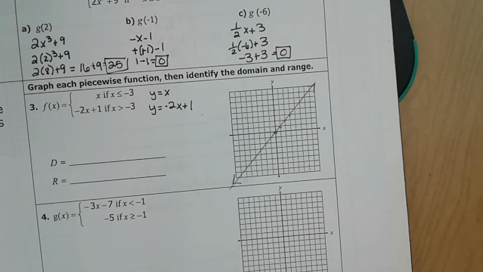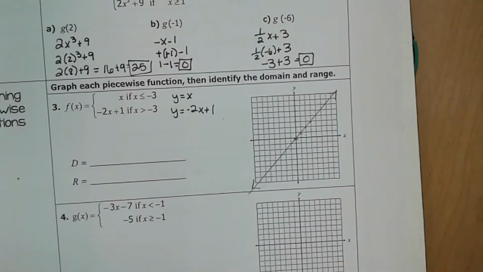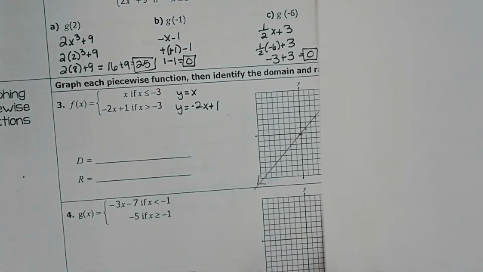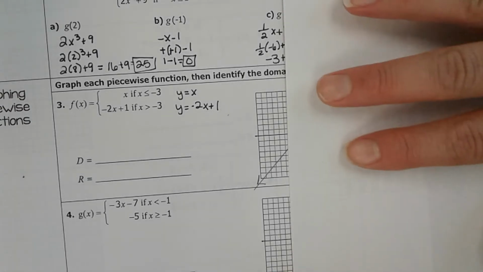So what I'm actually going to do is take a piece of paper here, and I'm going to say I only want things that are less than -3. So I'm going to cover up everything that isn't less than -3. So I find x equals -3, 1, 2, 3.